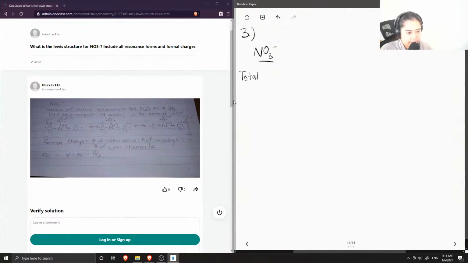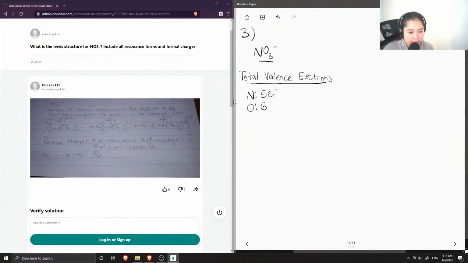So first, let's calculate the total valence electrons in the NO3 minus ion. The nitrogen atom contains 5 valence electrons.